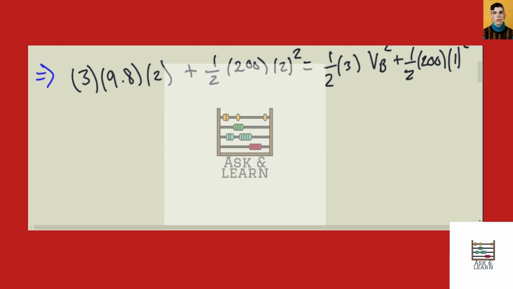So we can clean this up a little bit. On the left side, we have 58.8 plus 400 equals 1.5 VB squared plus 100.